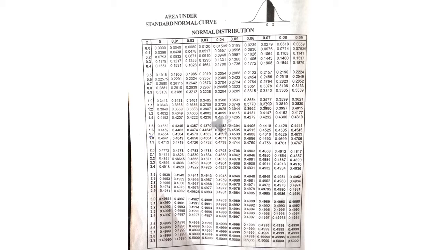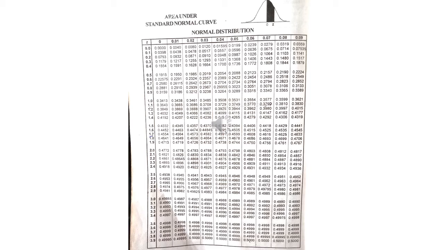1.0. See the third set, you can see 1.0 in the first column of Z. From 1.0, check 0.05. 0.05 means the 7th column. See, 0, 0.01, 0.02, 0.03, 0.04 and 0.05 is given. So 1.05 is the intersection of 1.0 and 0.05.